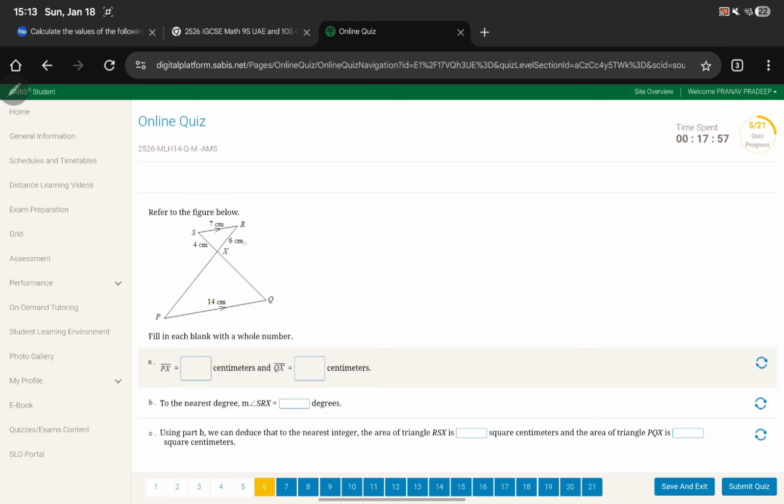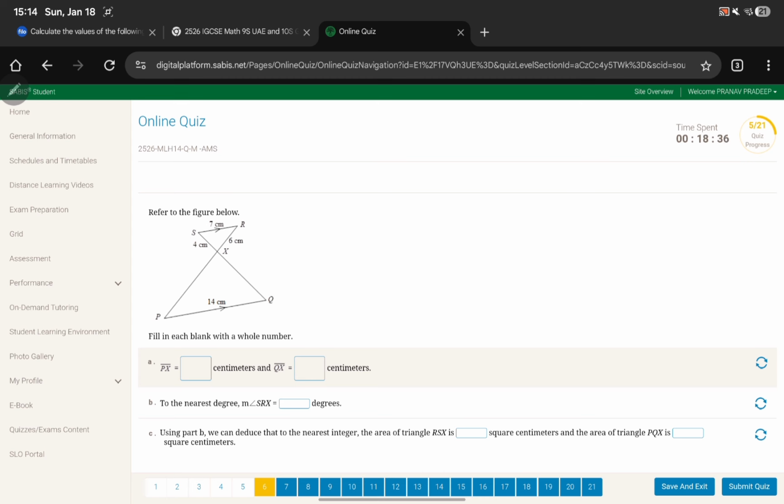So these two triangles are similar because alternate interior angles are equal. So angle S equals angle Q and angle R equals angle P. And vertically opposite angles are also equal. So SRX equals XPQ.